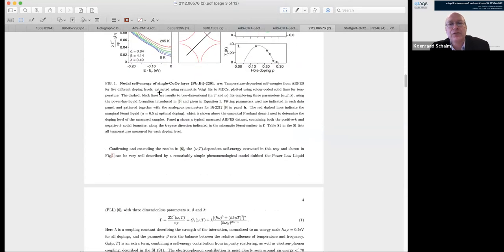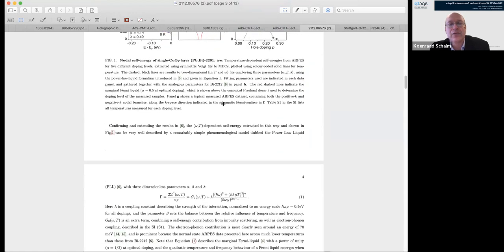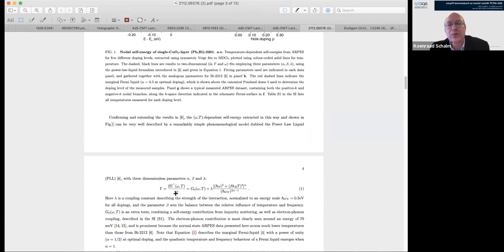Well, what you do is you look at this response function, and as I said, you look at the cross section of this, and then you very carefully measure the width. The width of this peak is proportional to the self-energy in this way. And here you see this power alpha appear.